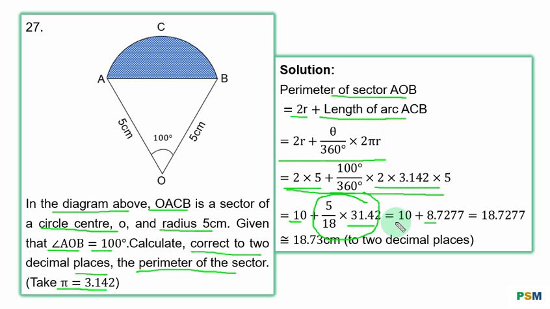You add 10 to it, and you have 18.7277. To 2 decimal places, the perimeter is approximately equal to 18.73 centimeters.